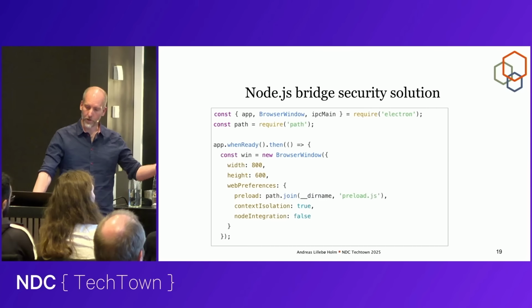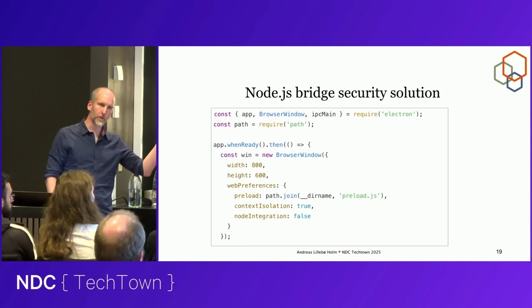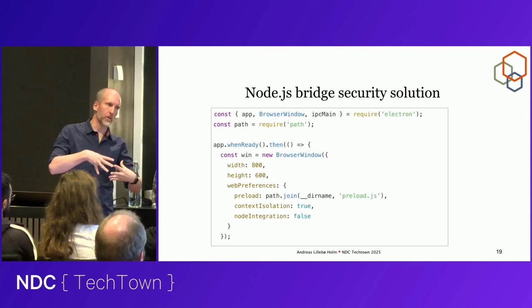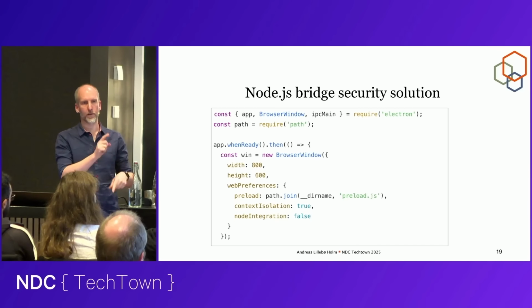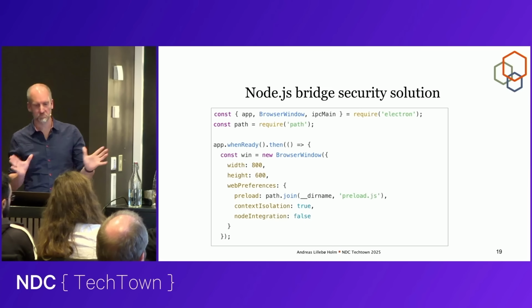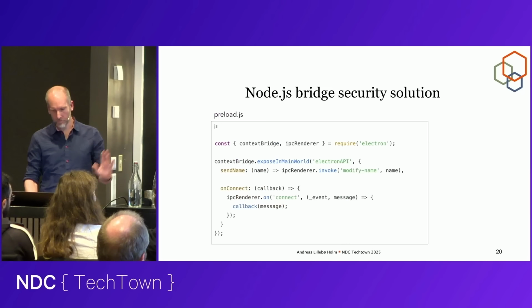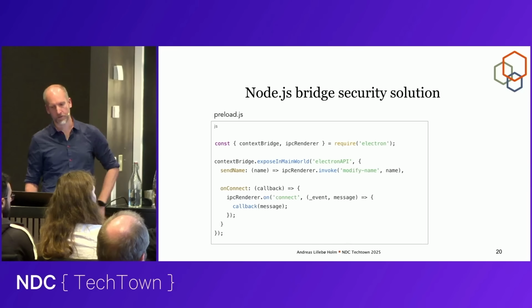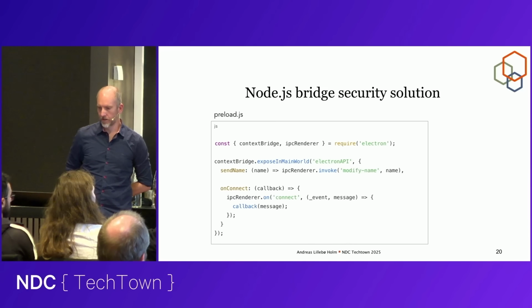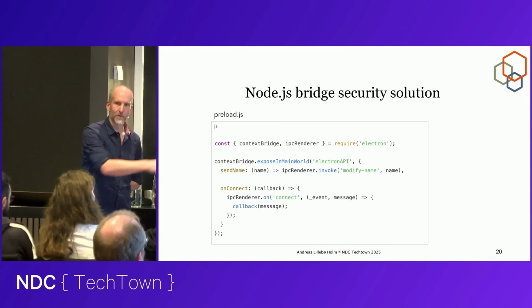To fix this, you have to put in a preload JS and create your own API, and you have to flip the booleans so that they're true, and okay, now we're good, because now we made this thing. Okay, I'll write my preload JS API, and that works, if you do it exactly like that.